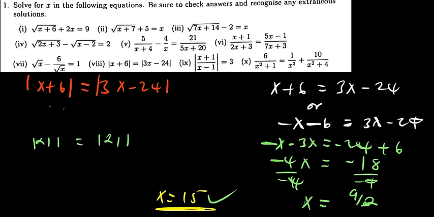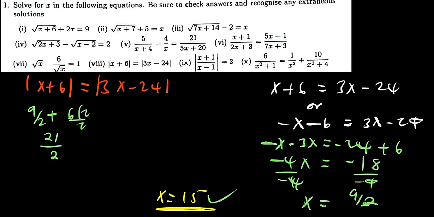Let's try 9 over 2. So 9 over 2 plus 6, it is the same as here I put 12 over 2. So it will be 12 plus 9. So 12 plus 9, it should be 21. So you have 21 over 2.